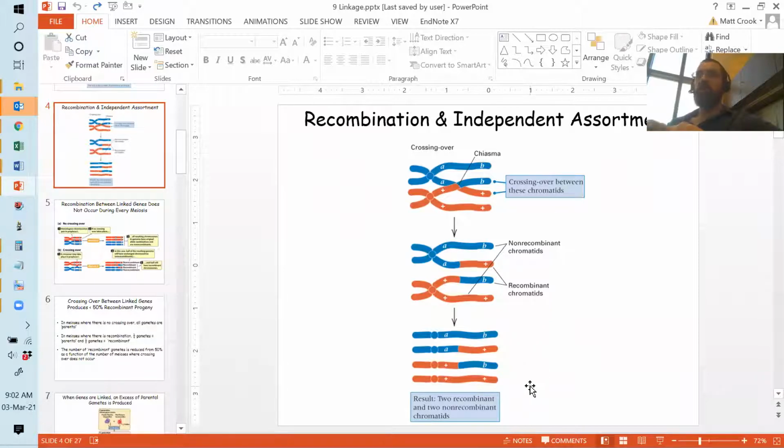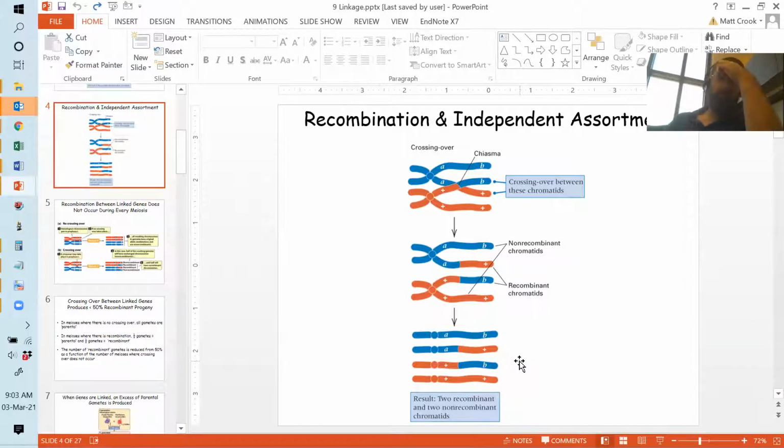So you have 2 gametes that have parental or non-recombinant chromosomes. The blue one here is the same as the one up here, the red one down here is the same as the one here. And 2 where you have a different combination of alleles.